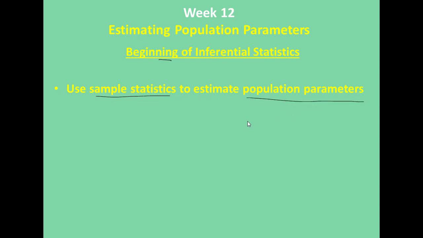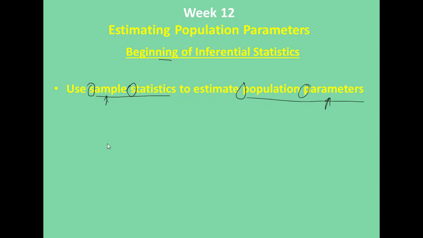You have to pay attention to the terminology: sample, statistic, population, parameter. When we talk about a statistic, we are talking about a sample, and when we talk about a parameter, we are talking about a population.